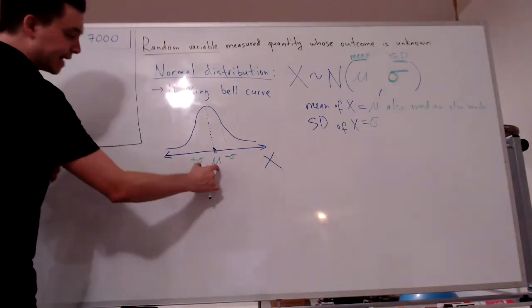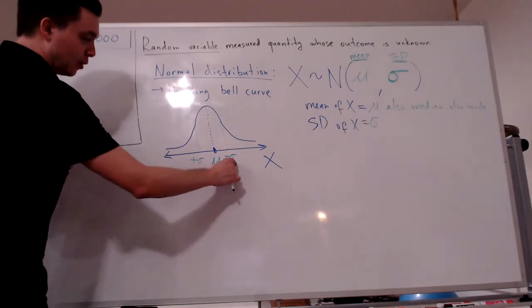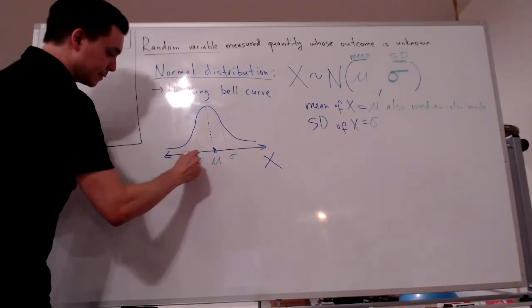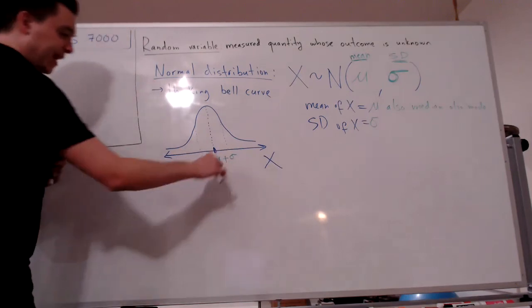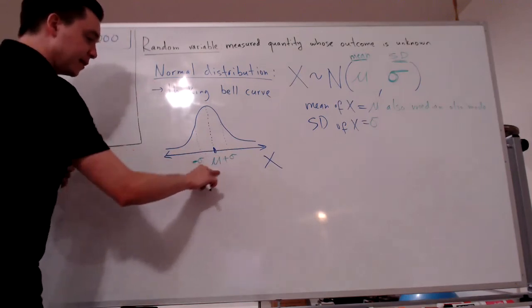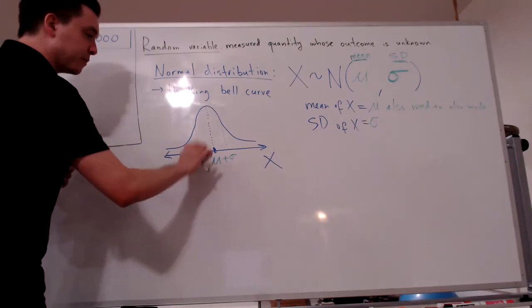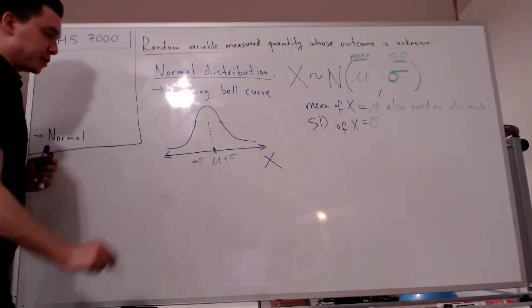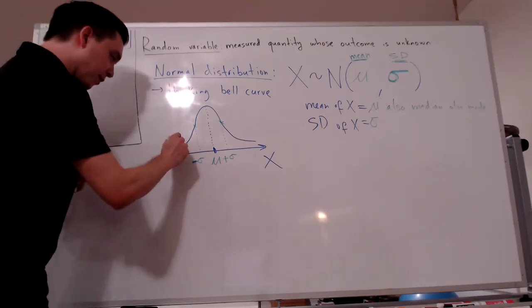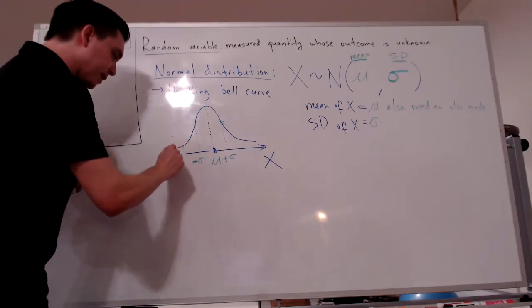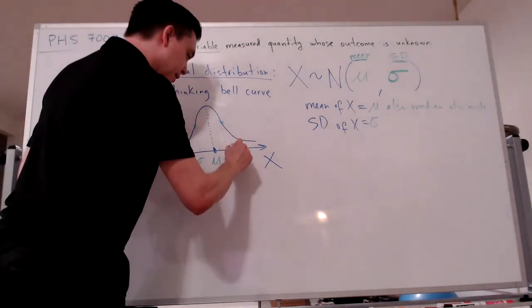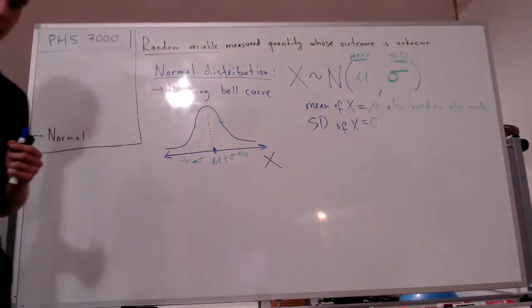And that's if we add a standard deviation to the mean, or, you know what, I have that backwards. We add a standard deviation to the mean, we subtract the standard deviation from the mean. That is the point where that curvature changes. And we can keep going. This point is about 2 standard deviations from the mean, and this point is about 2 standard deviations from the mean in this direction.